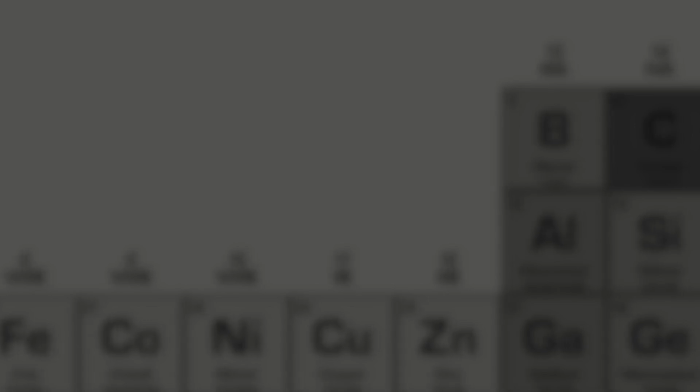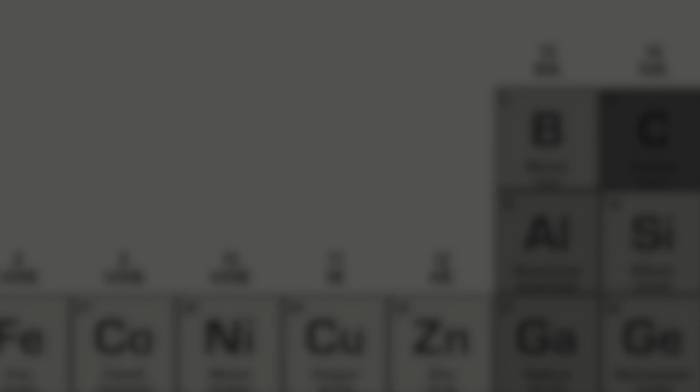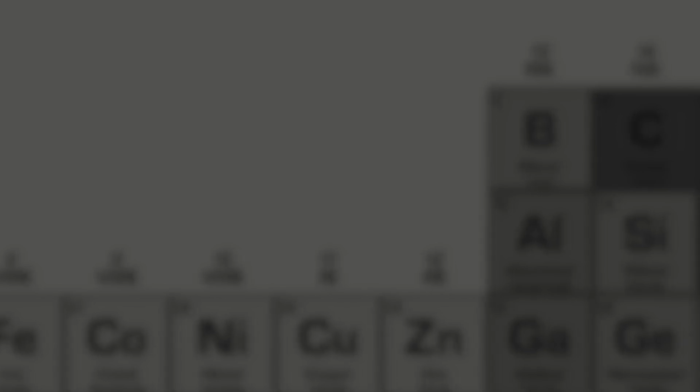Moving down from hydrogen, we enter the alkali metals. Group 1 elements include lithium, sodium, potassium, rubidium, cesium, and francium. All of these elements have 1 electron in their outermost shell. This single valence electron makes them highly reactive, particularly with water.